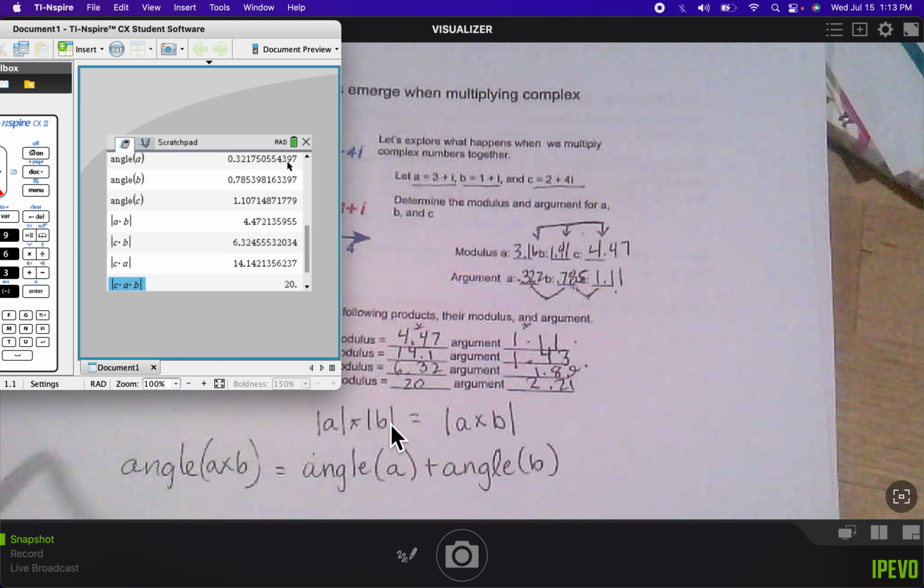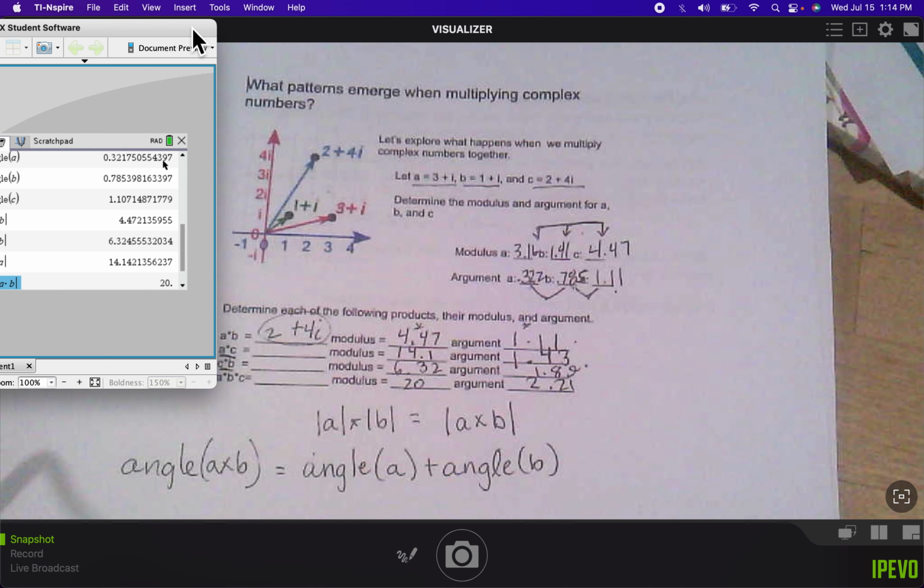So what you might notice, or you might if the numbers were friendlier to look at, is that when you take the modulus of A and the modulus of B, for instance, 3.16 and 1.14, and multiply those two numbers together, you get this number, 4.47.